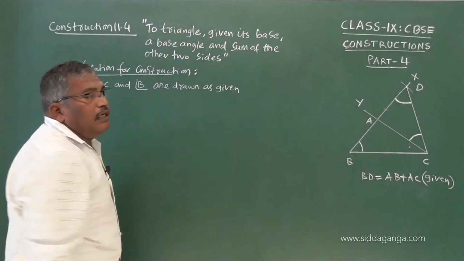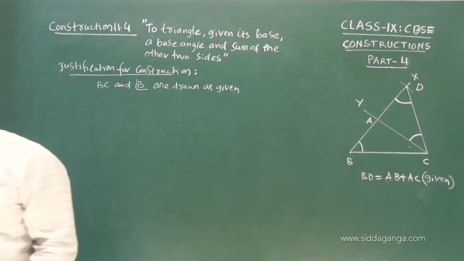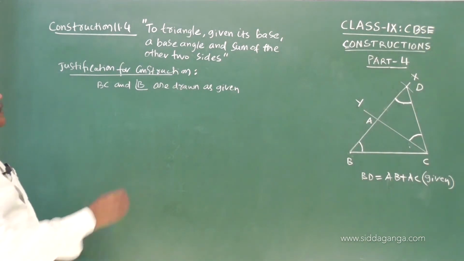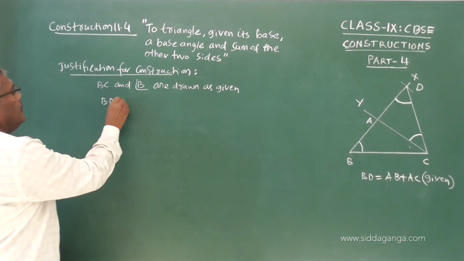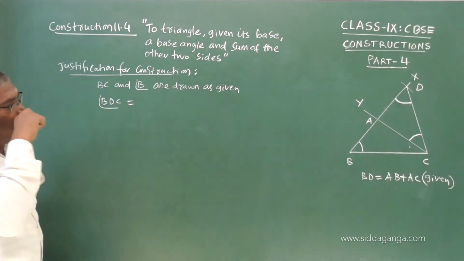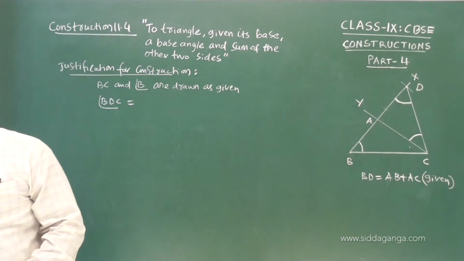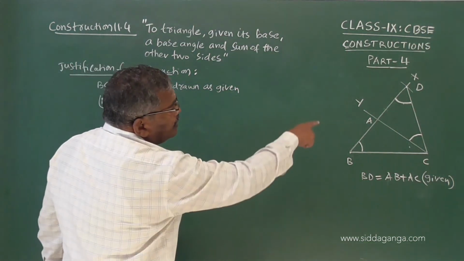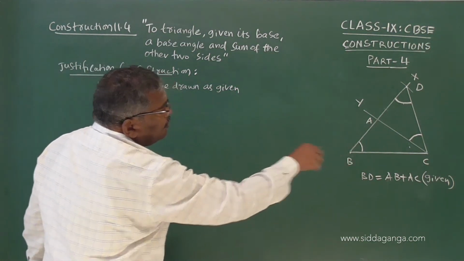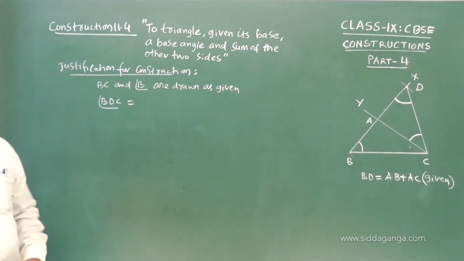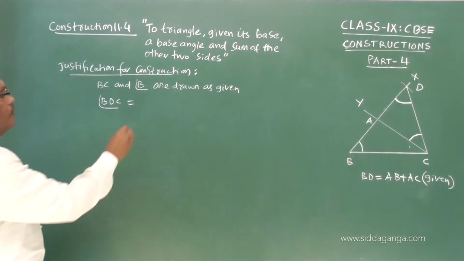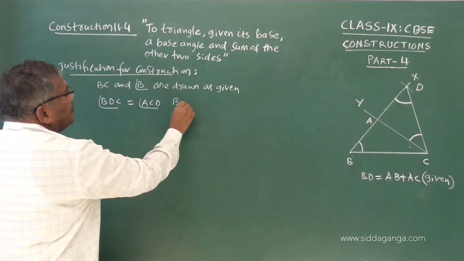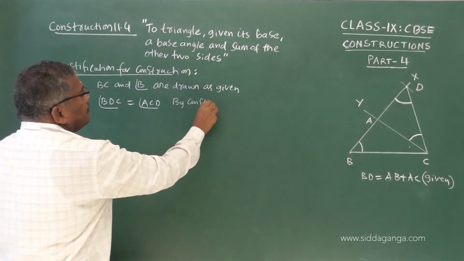Dimensions were given and accordingly we have drawn. Angle BDC is equal to angle ACD. You can see we have made them equal. It is by construction.